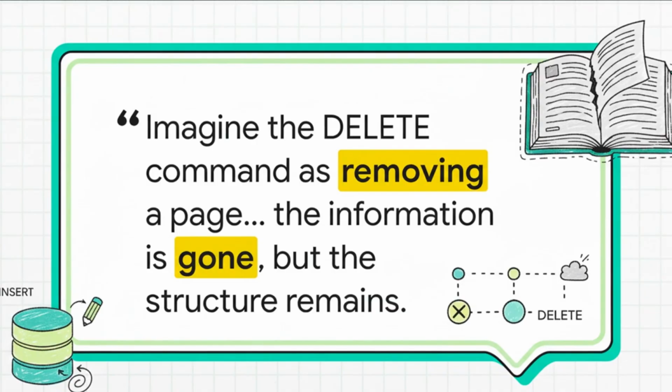This notebook analogy is actually really smart because it highlights a key difference. When you rip a page out of a notebook, that information is gone, poof. But the notebook itself, the cover, the binding, all the other pages, is still there. Delete works the exact same way. It gets rid of the data in the rows, but the table structure, all your columns and definitions, they stay right where they are.